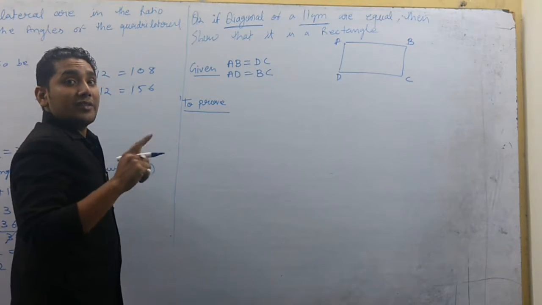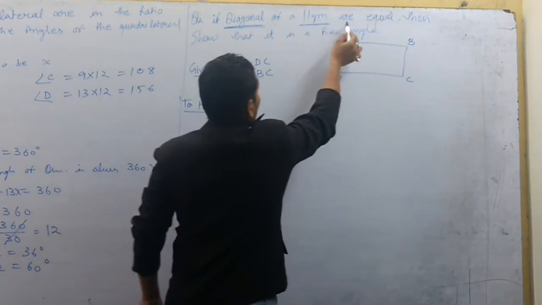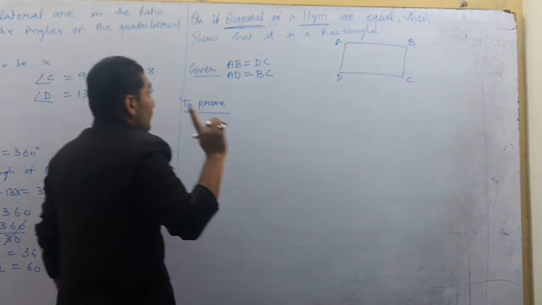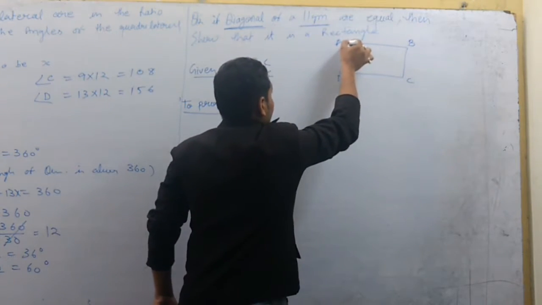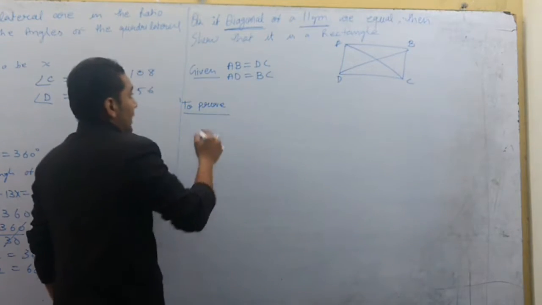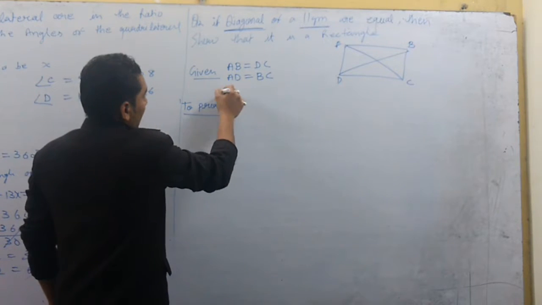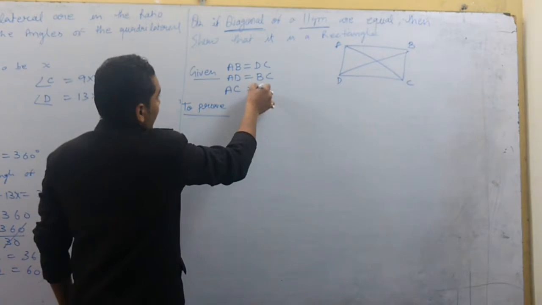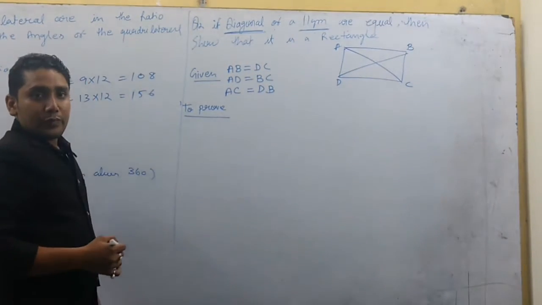But one more thing is given to us: diagonals of the parallelogram are equal. What are the diagonals? AC and DB are the diagonals. So the question says that diagonals of a parallelogram are equal, then AC is equal to DB is also given here.